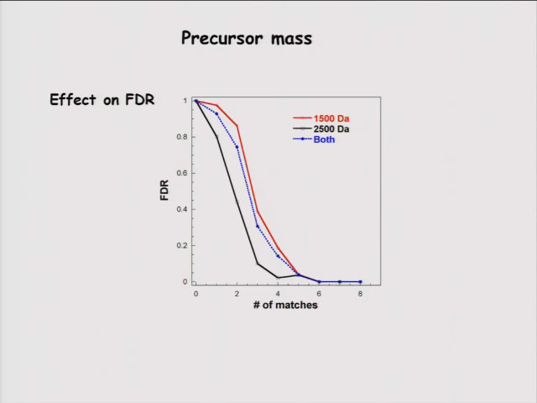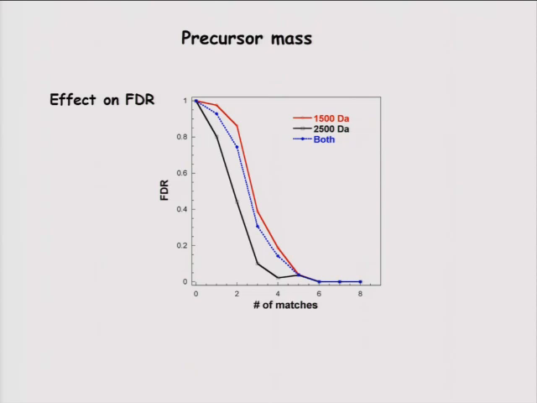We also notice that the blue line representing both is closer to 1,500 than it is to 2,500, and that is because the underlying data in this case are representing the abundance in nature of these two mass values. So 1,500 is more common than 2,500.